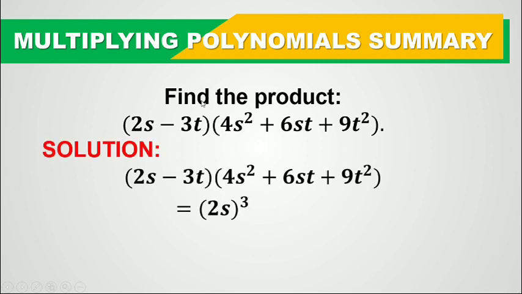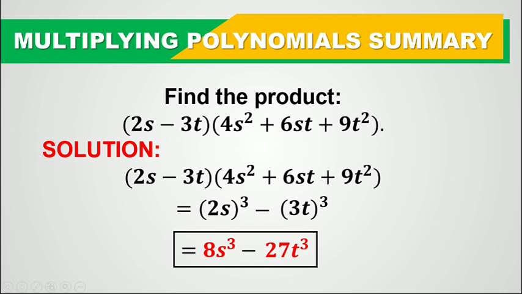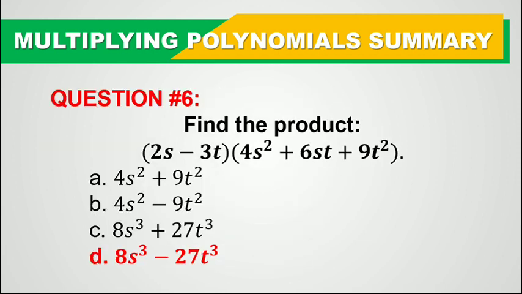So quantity 2s cubed, since minus man ni, so minus the cube of the second term, 3t cube, and then simplify. So quantity 2s cubed, that's 8s cubed, and then minus the quantity of 3t cubed, that's 27t cubed. So this is the answer for this particular question. It's 8s cubed minus 27t cubed, letter D.